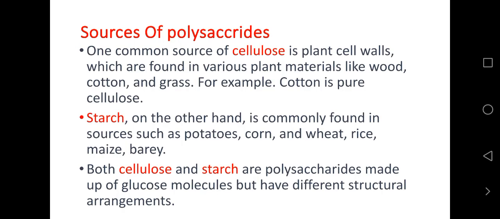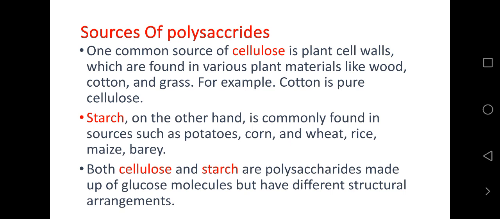The third class of carbohydrate is polysaccharide. In the polysaccharides we have two examples, cellulose and starch. Our common source of cellulose is plant cell walls, which are found in various plant materials like wood, cotton and grass. Basically, cotton is the purest source of cellulose.